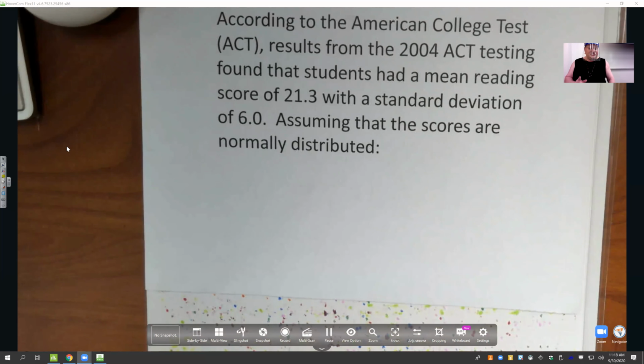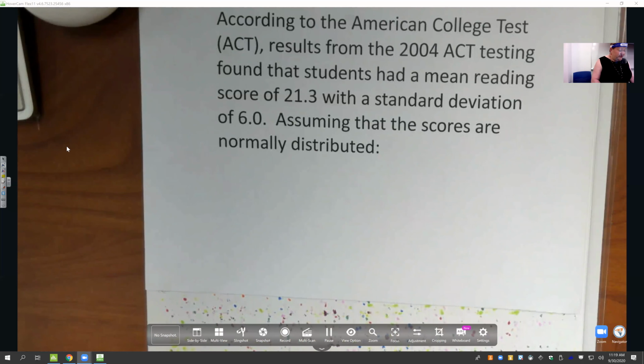It says, according to the American College Test, ACT, results from the 2004 ACT testing found that the students had a mean reading score of 21.3 with a standard deviation of 6, and assume that the scores are normally distributed.